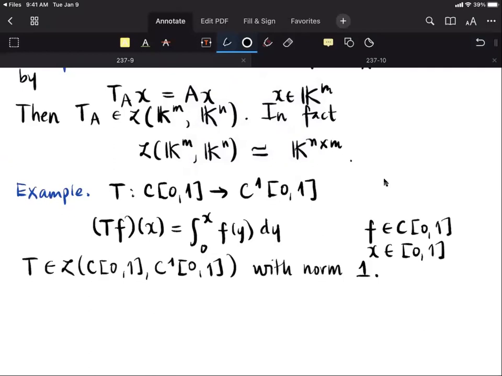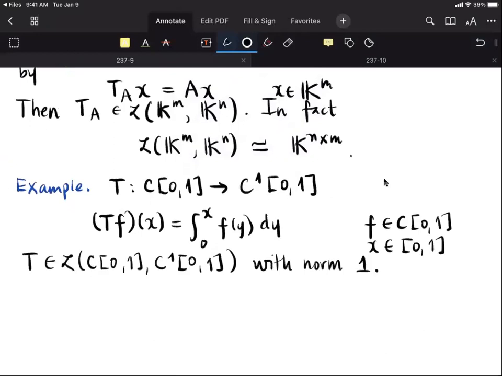Okay. So in particular, T is an isometry. The fact that it has norm 1 is left for you to verify. So you can check it as an exercise.